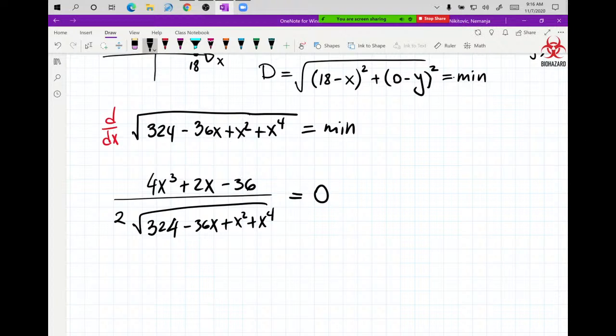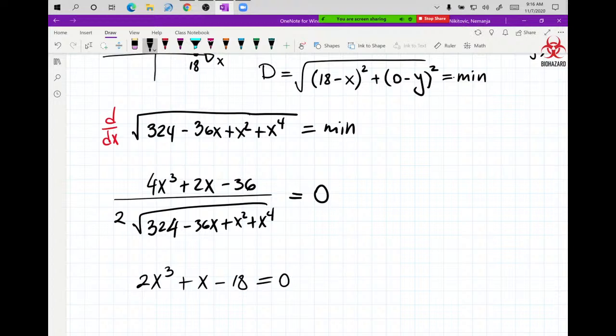And now, when you cross multiply, the denominator completely cancels, and if you divide by 2 as well, you get 2x cubed plus x minus 18 equals 0.